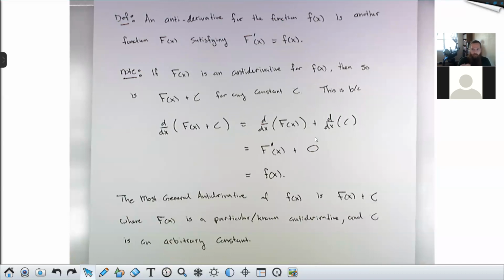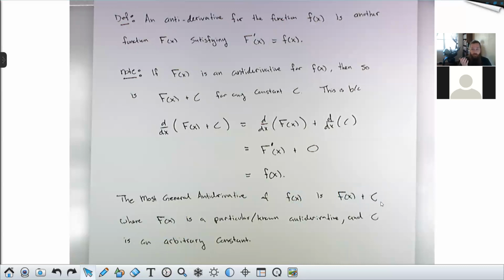But oftentimes we're interested in finding the most general antiderivative. That is like the class of all functions whose derivative is little f. And once you find a particular antiderivative, you find any function who differentiates to little f. If you want to describe all the functions that differentiate to little f, you just slap on a plus c.